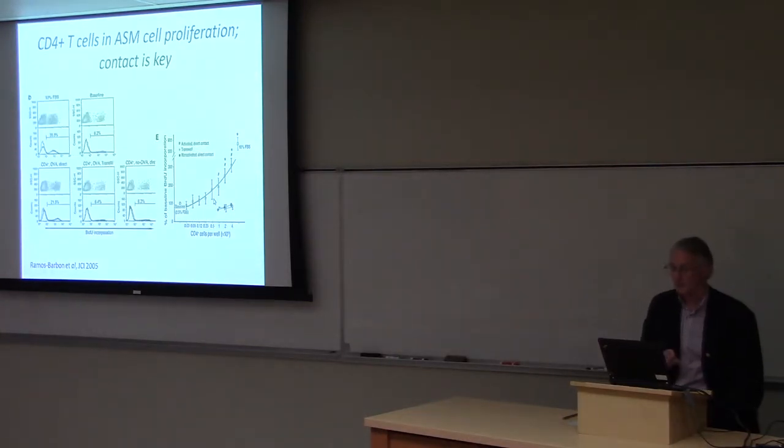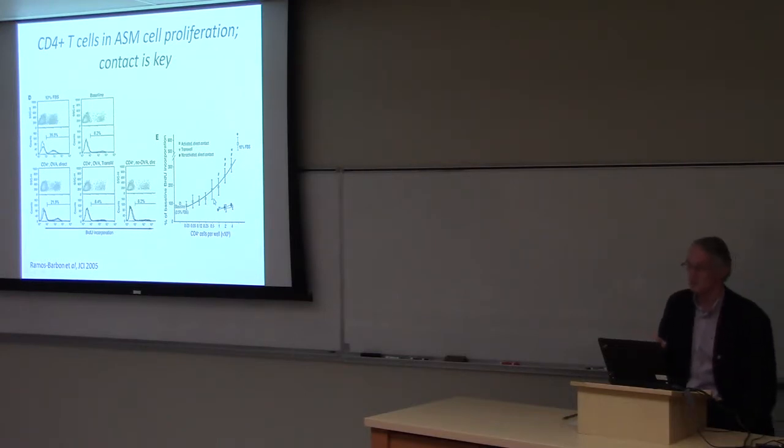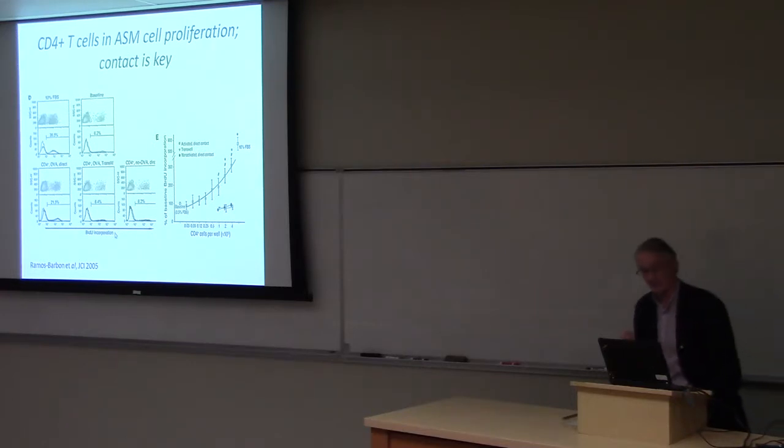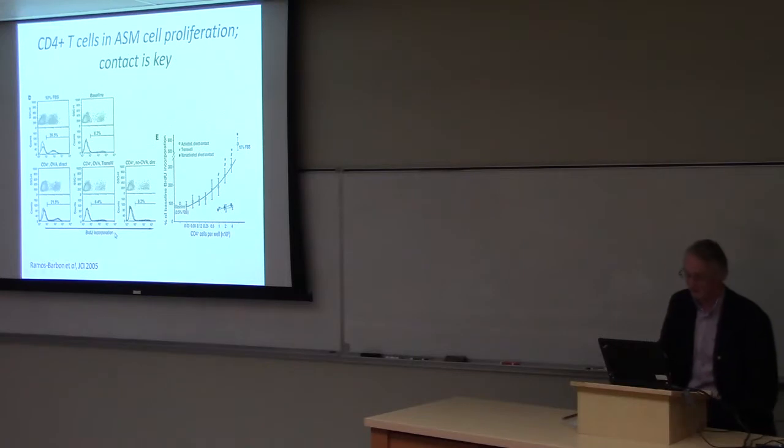Now, what was then done was to take the T cells, isolate the T cells, and put them into culture with CD4 positive cells. These diagrams here are showing flow cytometry using a marker of cell proliferation, which is bromodeoxyuridine incorporation. So this bromodeoxyuridine is incorporated into the DNA, and so when the DNA is synthesized, you can stain for this particular marker.